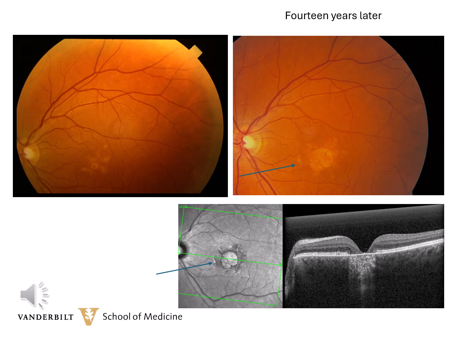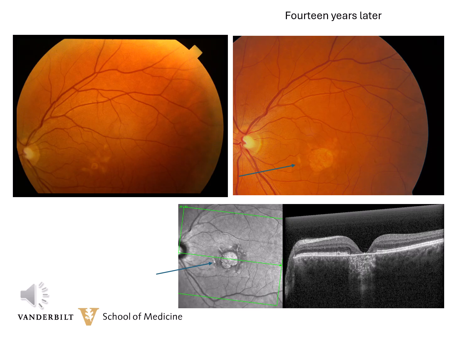Now, as you saw in part 2, pattern dystrophy can change over a period of time. Here is a 14-year follow-up of the last patient. Her vision has now dropped to 20/400 in the left eye.